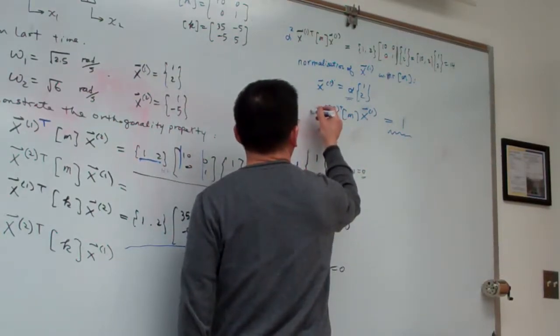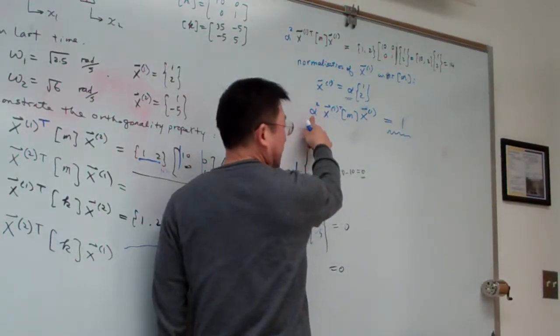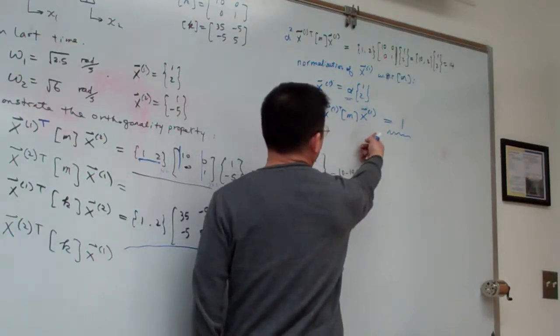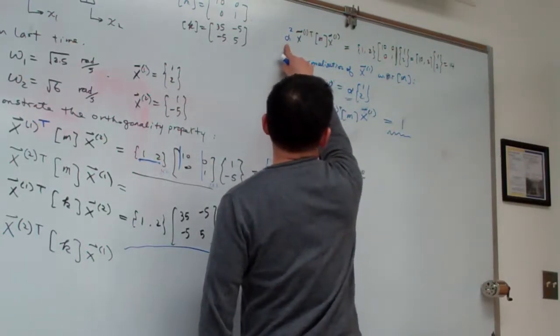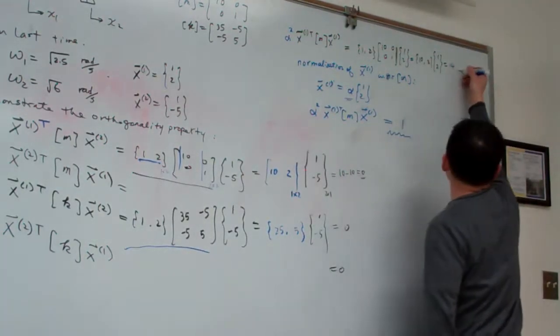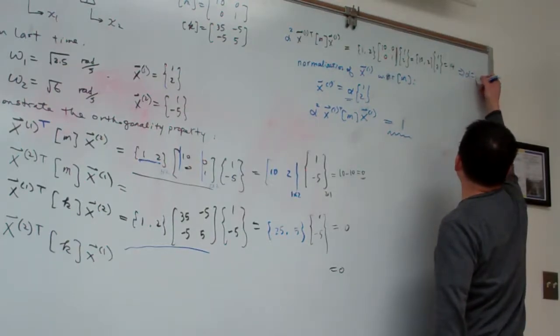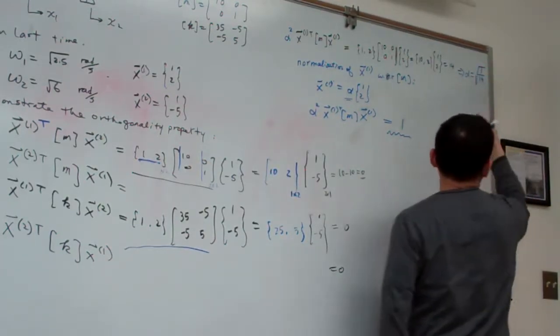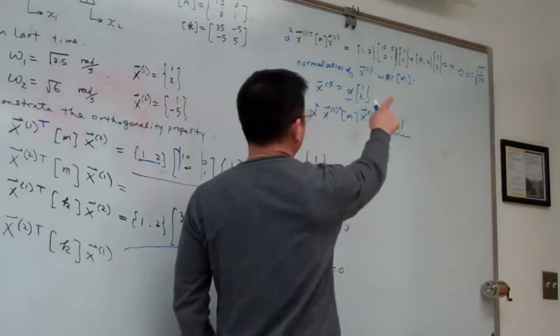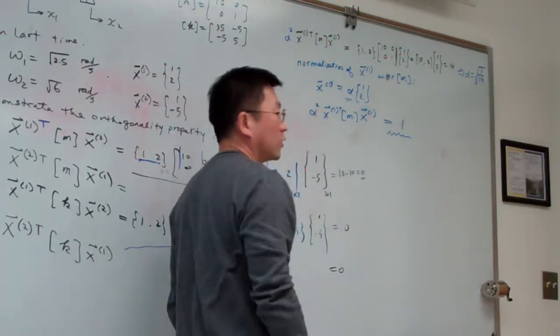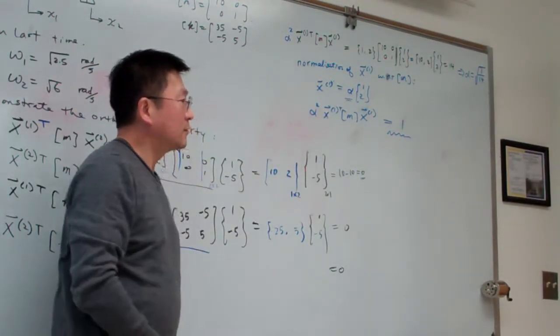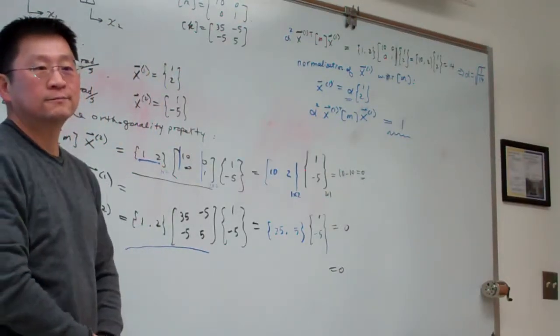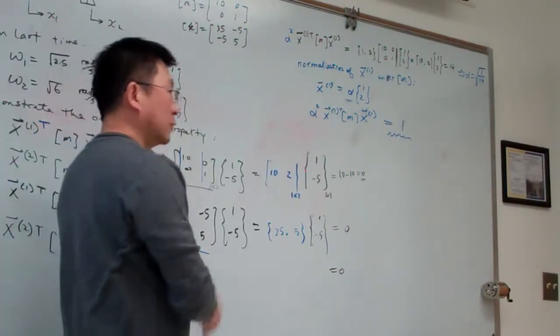You are simply finding the scaling factor such that the result equals 1. So pre-multiply with alpha squared equal to 14. So from here, alpha you can find is 1 over the square root of 14. Then you multiply alpha with this vector. That is called the normalized vector.